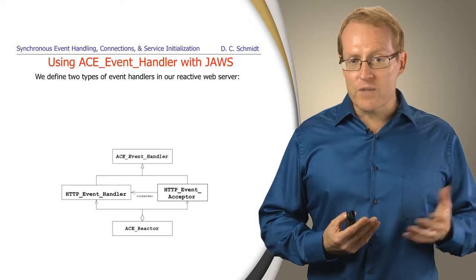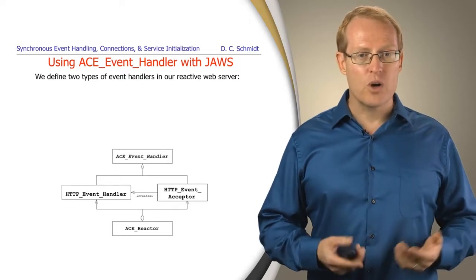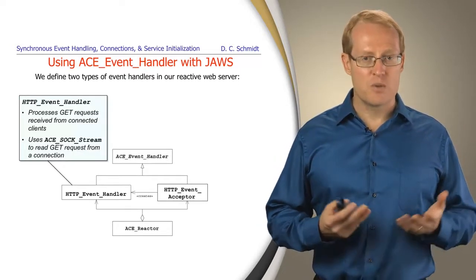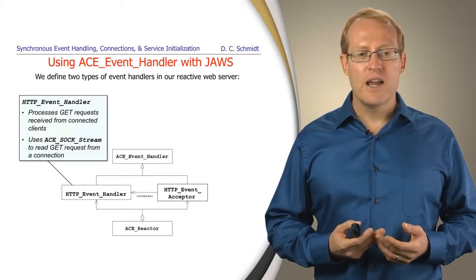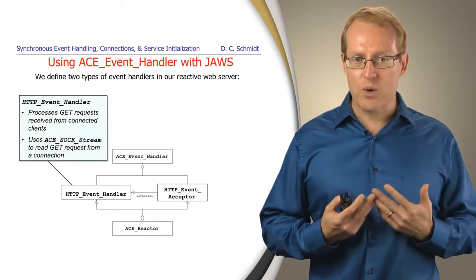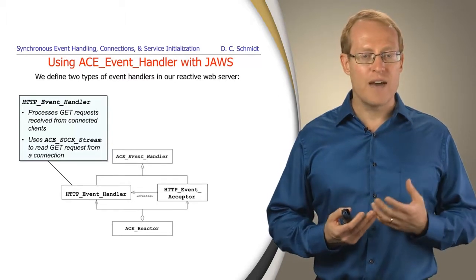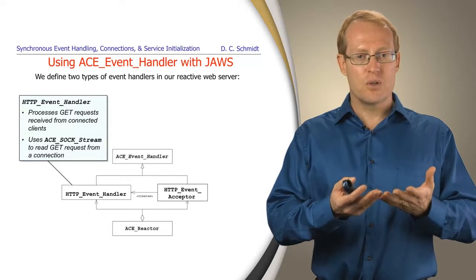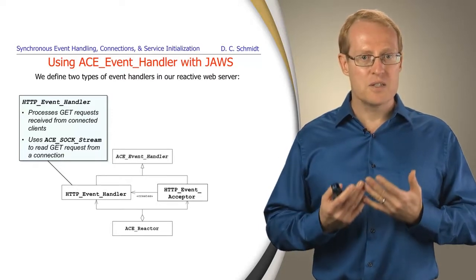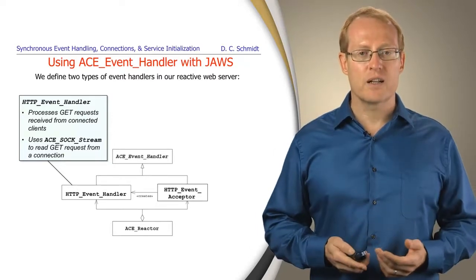We're going to define two different types of event handlers to make all this work. One of these types we've already mentioned, which is the HTTP event handler, and this is the one that's going to process the GET requests. Under the hood, it's going to have an instance of an ACE sock stream that it will use to read the data in and then send the results back to the connected client.